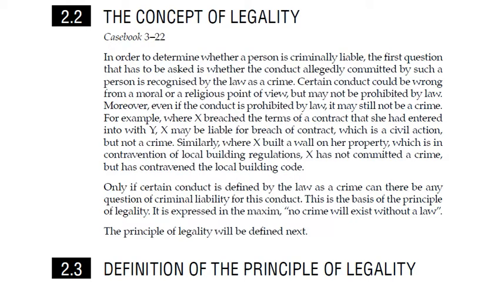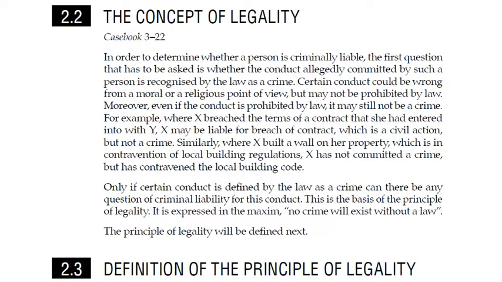For example, where X breached the terms of a contract that she had entered into with Y, X may be liable for breach of contract, which is a civil action but not a crime.